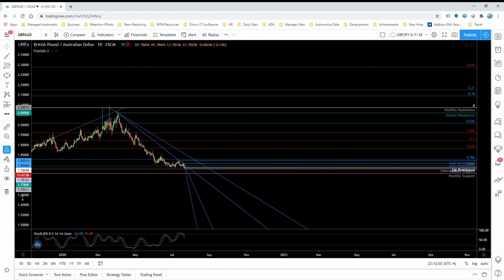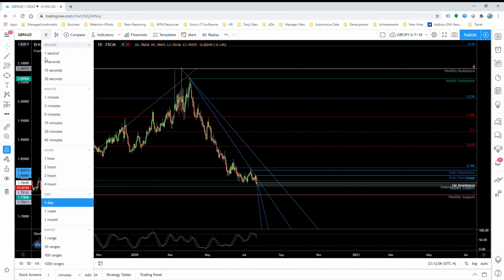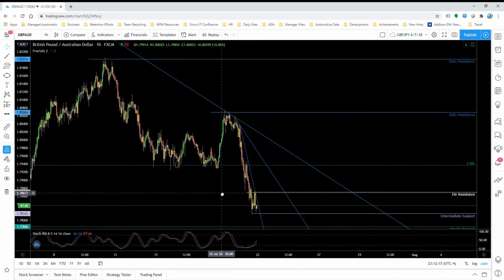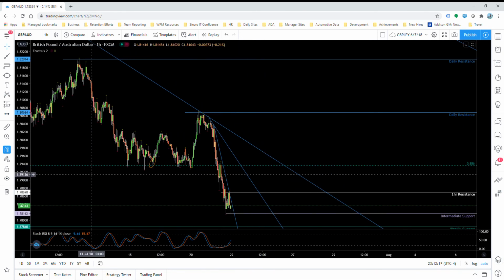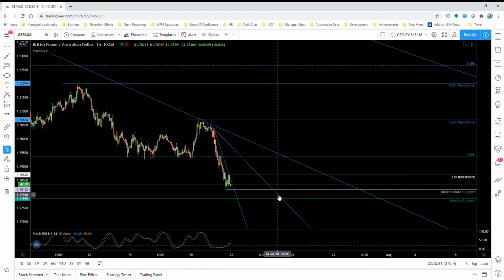So right now we are looking at a 61.8% pull, a 88.6% pullback. Zoom in, right? So we crossed the 88.6% pullback on that original move on the daily time frame.